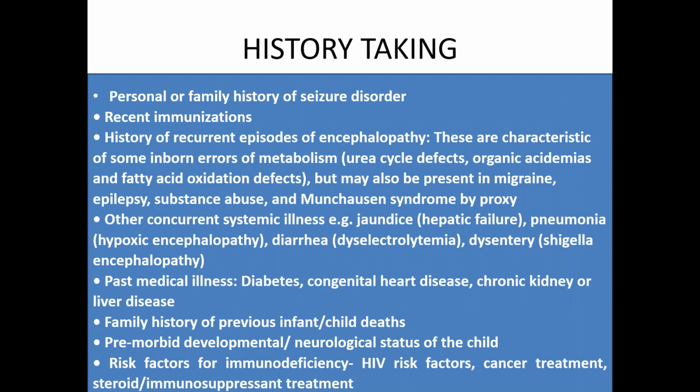These patients have seizures. So for the seizures, we need to ask whether they have any personal or family history, because this particular disease process can exacerbate the underlying illness and precipitate new semiology of seizures. If there is recent immunization, then obviously we have to consider whether this is an AEFI.